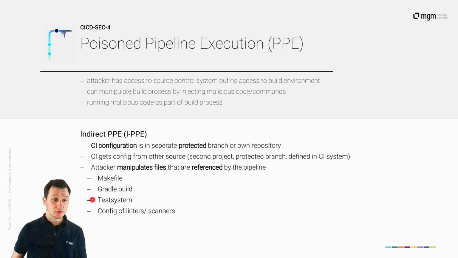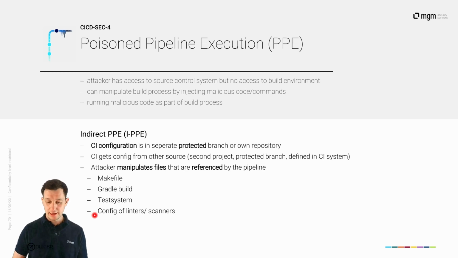Or we should not miss out here that we also have linters or maybe scanners defined in the pipeline, and maybe they have some malicious places like a before script code or something like that, where we can bring in commands that are giving us access to the pipeline, and in the worst case then access to credentials, secrets, or resources we should not have access to.